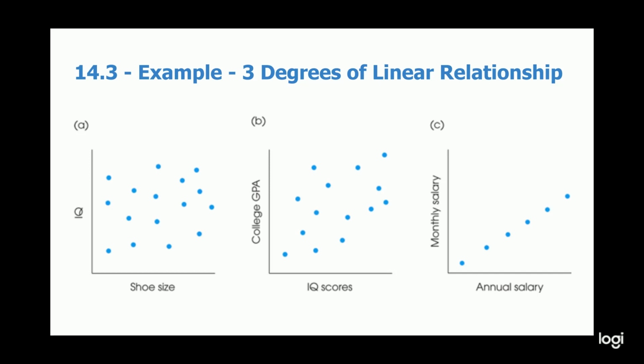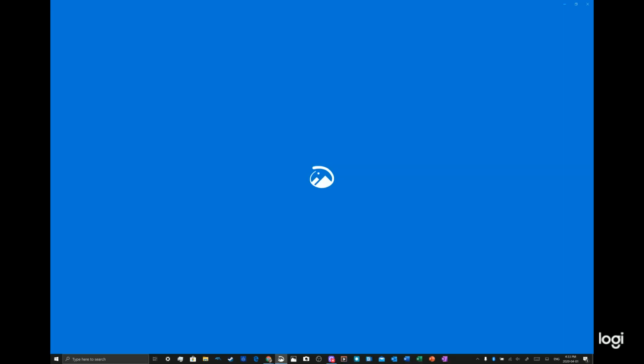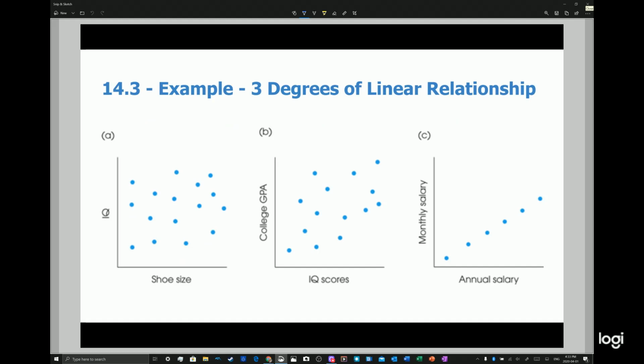Here's how we would do it. This picture shows 3 degrees of linear relationships. Here, for example, we have shoe size and IQ. It can be height and shoe size. But here, you wouldn't really see a strong positive correlation between the size of a person and, quote-unquote, the size of their brain, or IQ, a measure of intelligence.